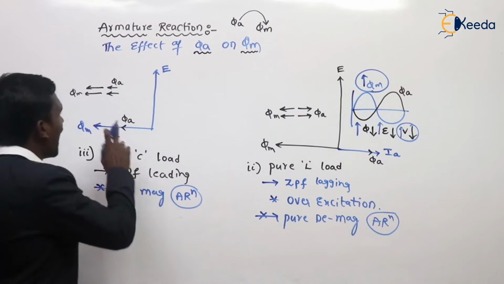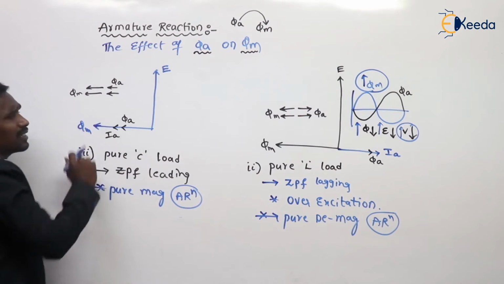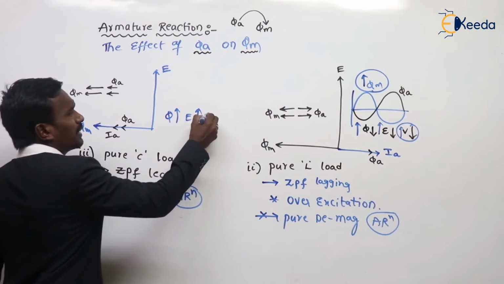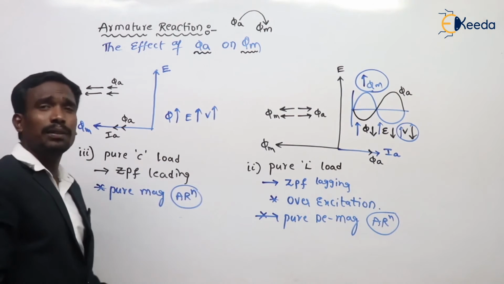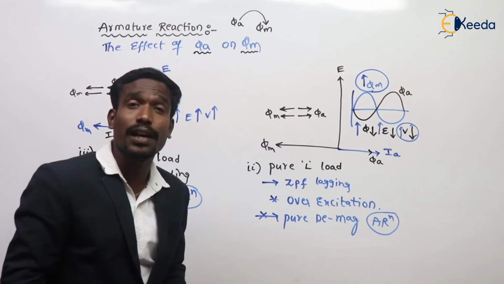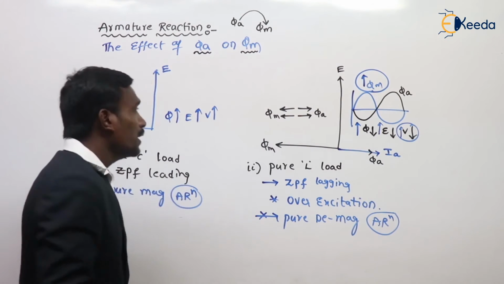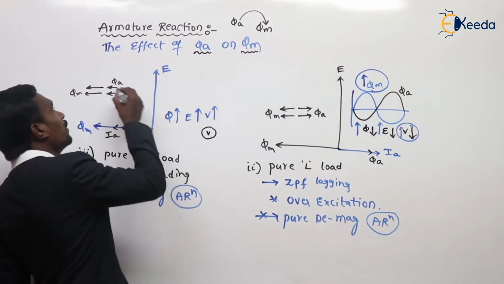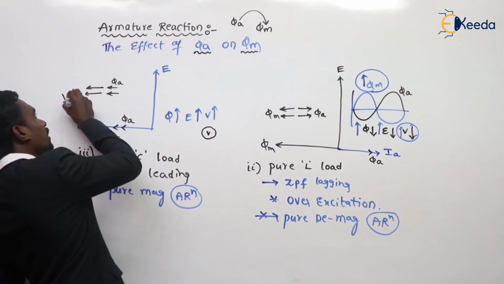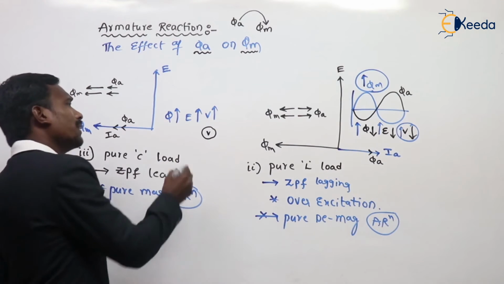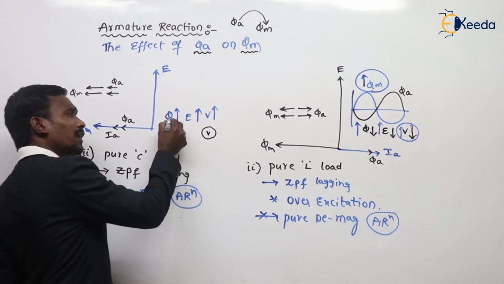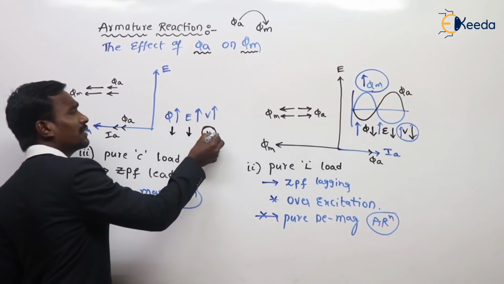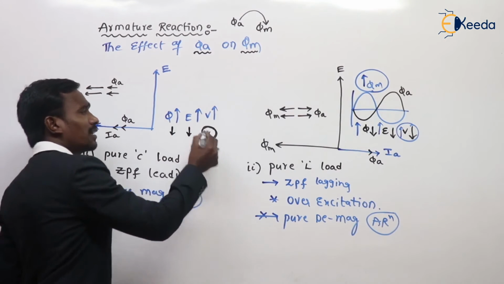But here, when two fluxes are added, the resultant flux increases, EMF increases, and load voltage or terminal voltage increases, which is very dangerous. So, in order to maintain the constant terminal voltage, we have to reduce the main field flux. When the main field flux reduces, the resultant flux and EMF reduce, then the terminal voltage is maintained at constant.